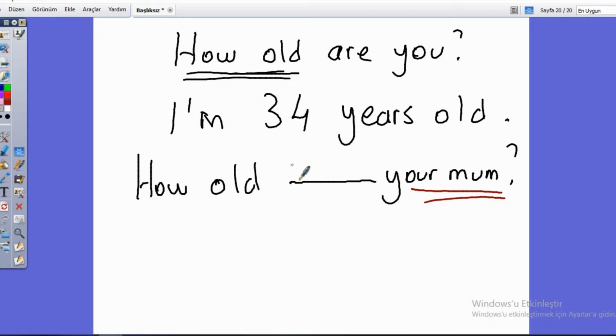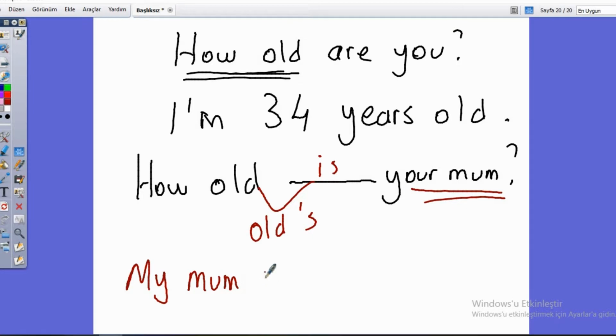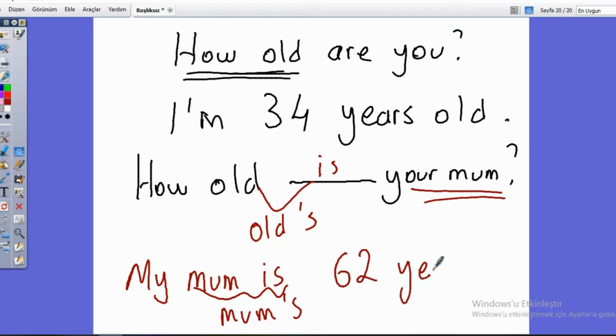So how old is, or we can use the short form again, how old's your mom? My mom is, or we can say my mom's, 62 years old.